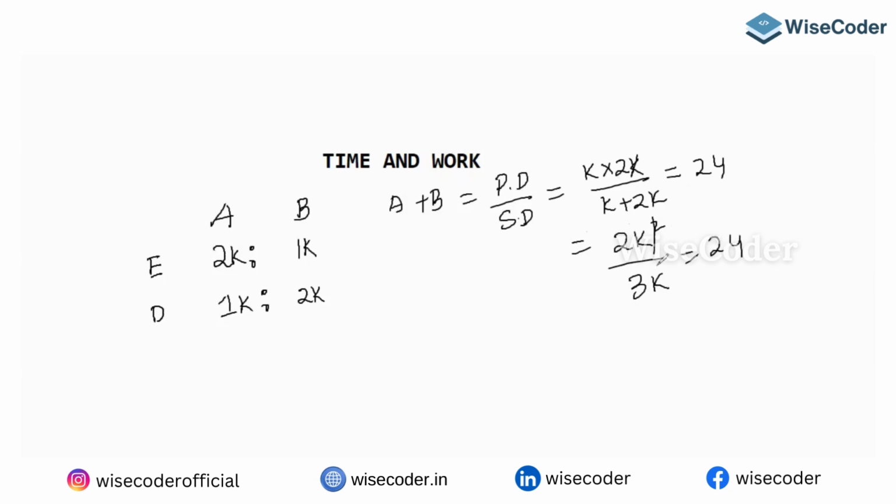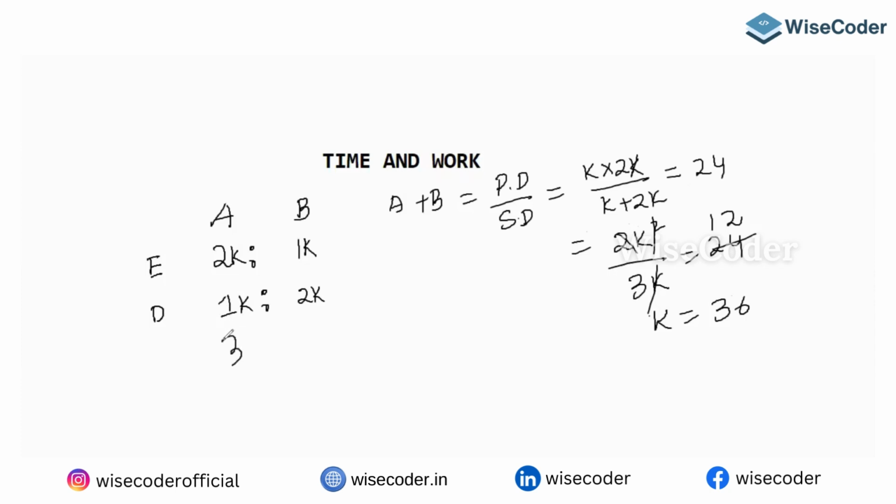So the K gets cancelled. 2 ones are 2, 12 twos are 24, then K equals what, guys? 36 days.